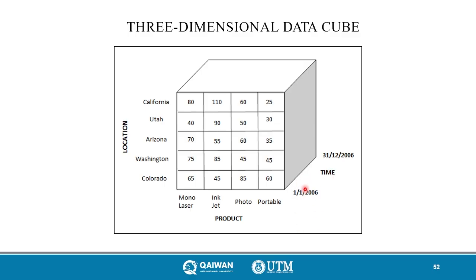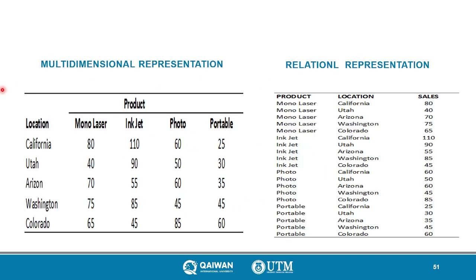The time dimension starts from the 1st of Jan 2006 to the 31st of December 2006. From the product, we would have mono laser, inkjet, photo, portable, and so on. This is a three-dimension data cube, and this is a multidimensional representation.